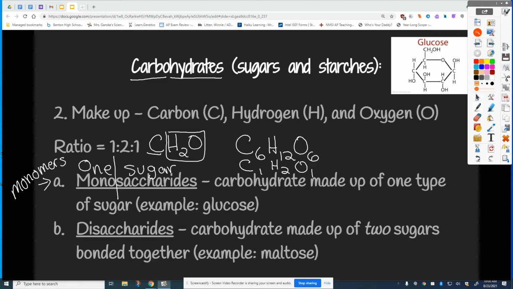They're also known as simple sugars. So our monosaccharides are called our simple sugars. Examples are glucose. I think they may be listed on your paper.